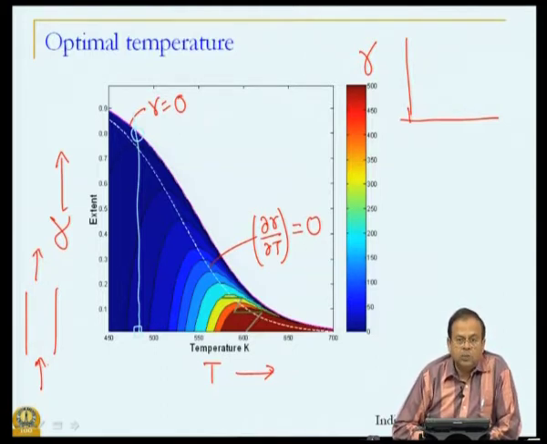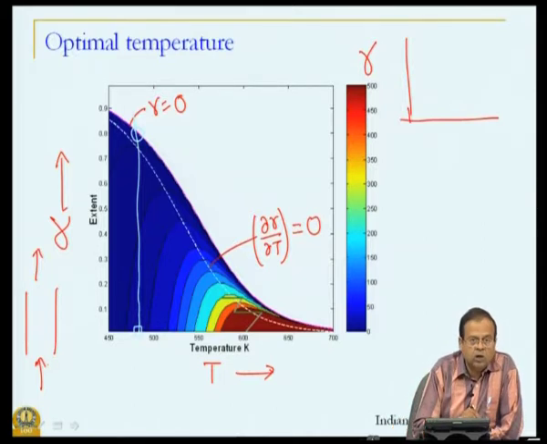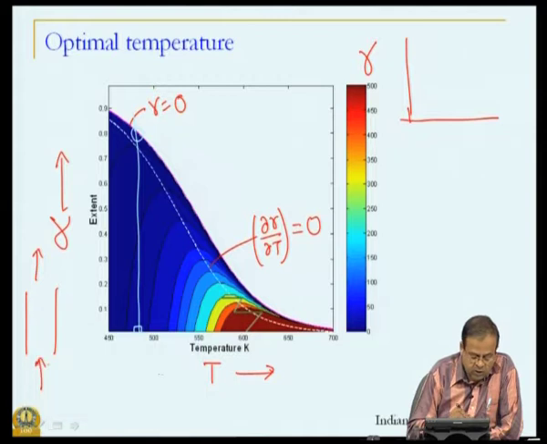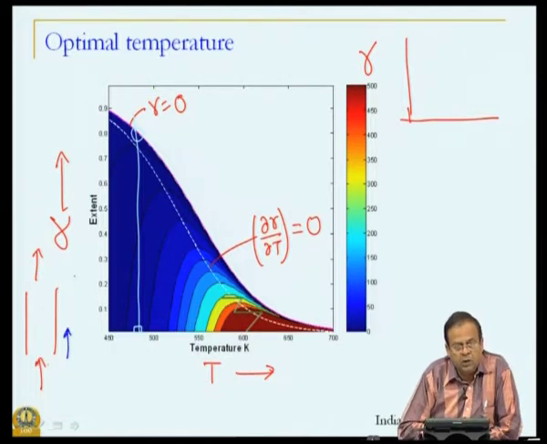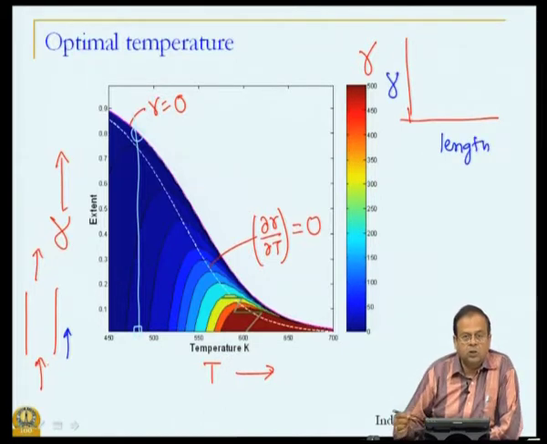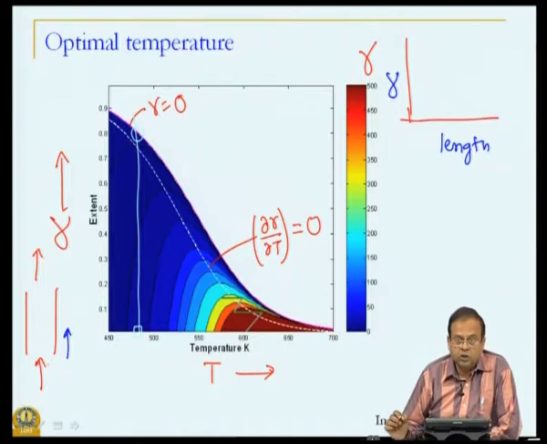So, now let us say that we now try to visualize what will happen to the extent of reaction along the length of this reactor. So, if I travel along with this length or distance from the inlet, what will happen to the extent, and I will plot that over here. So, length versus extent of reaction alpha, temperature is constant.